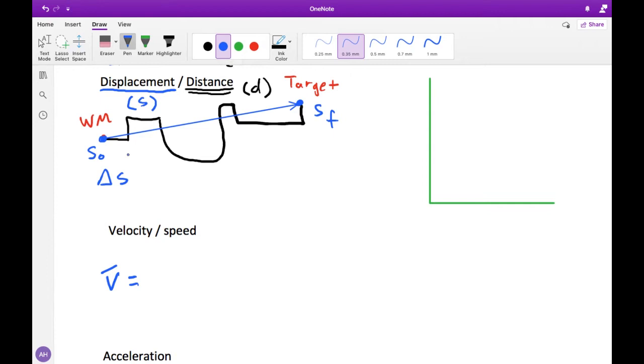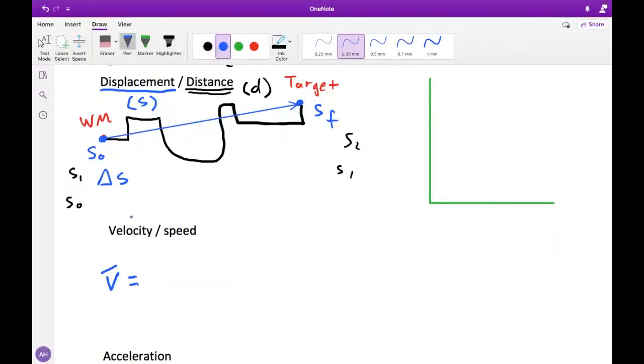Some people like to use 1 and 2 or 0 and 1. I'll be using the subscript 0 for initial and F for final. But in other places, you can label it as S1 and S2, or S0 and S1. Either way, just know which one is your final destination and which is your initial.